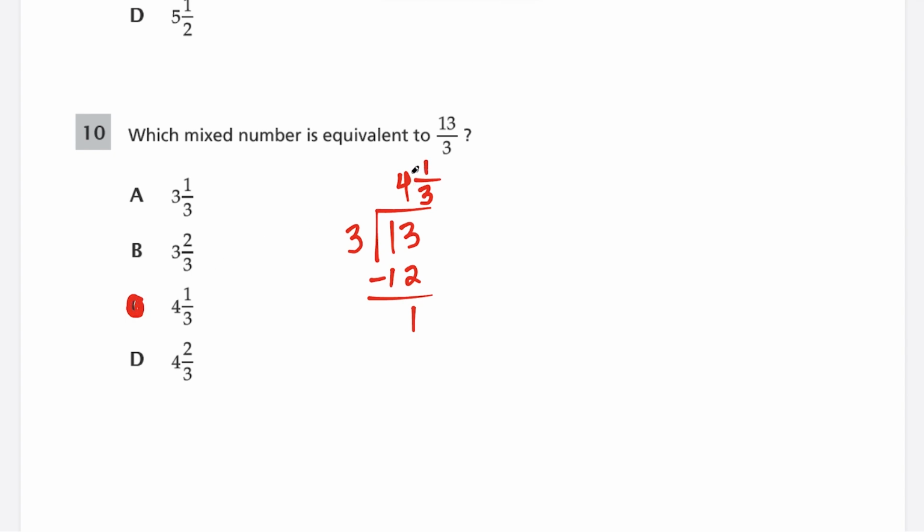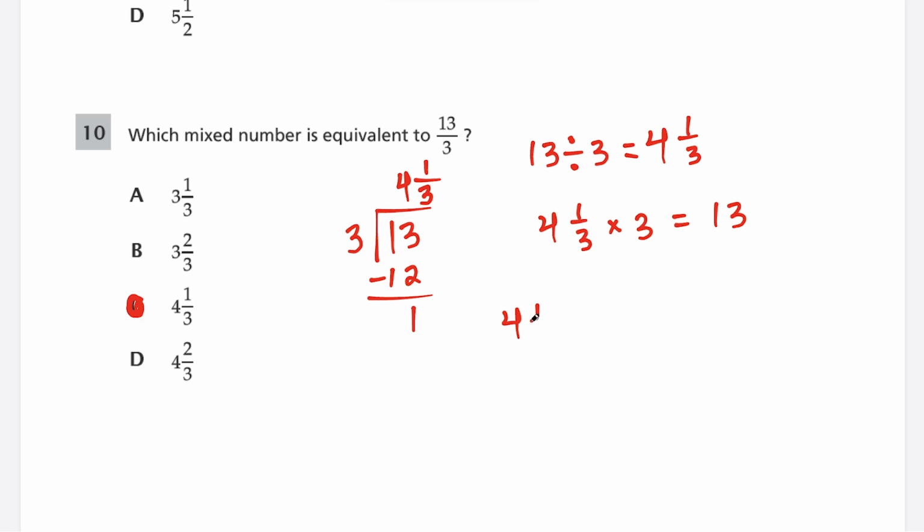If I wanted to check my answer, if I wanted to see if this does check out, just think about what this says as a division fact and then a multiplication fact. So if 13 divided by 3 is equal to 4 1/3, then I could also say that 4 1/3 times 3 is equal to 13. And I could multiply here, or I could do the addition.